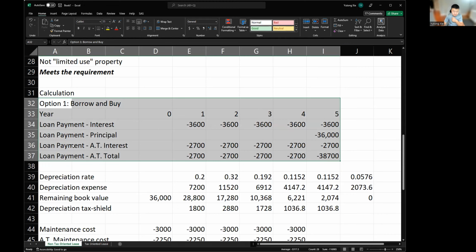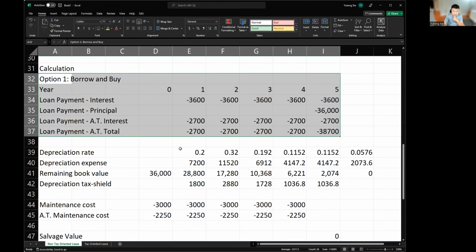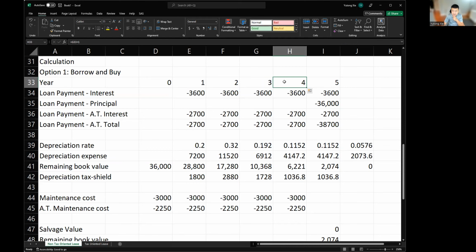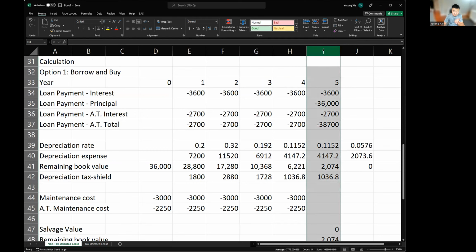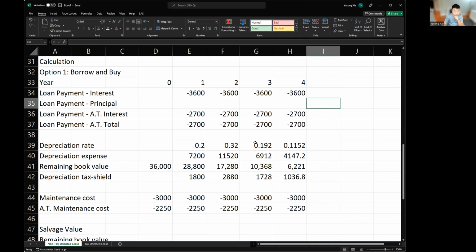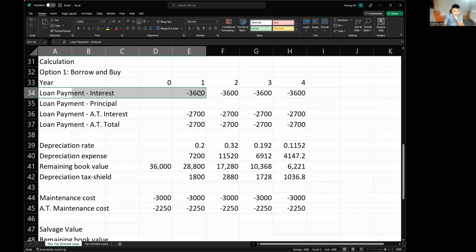Okay, so let's just change these. We of course will need the year, and the year should stop at year 4 because this is a 4-year lease. So I don't really need these 2 columns, so I'm gonna take them away. Then we need to figure out the loan payment, the principal payment, the after-tax loan interest, and the after-tax total.